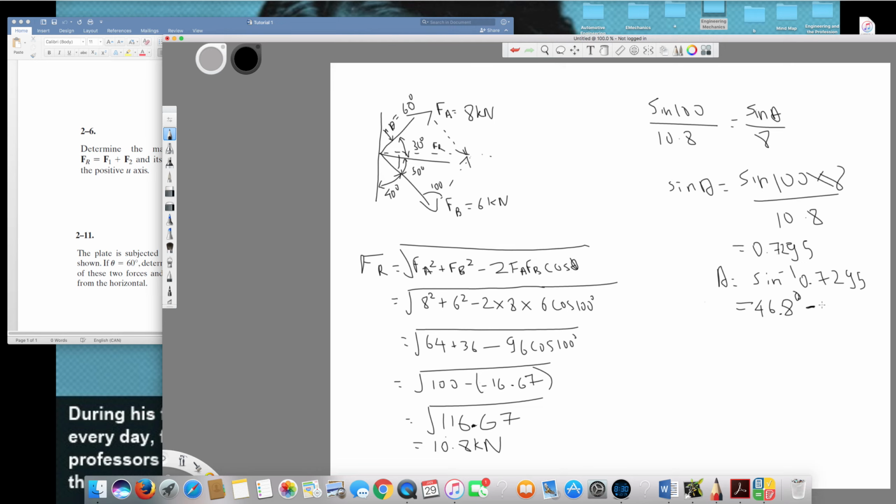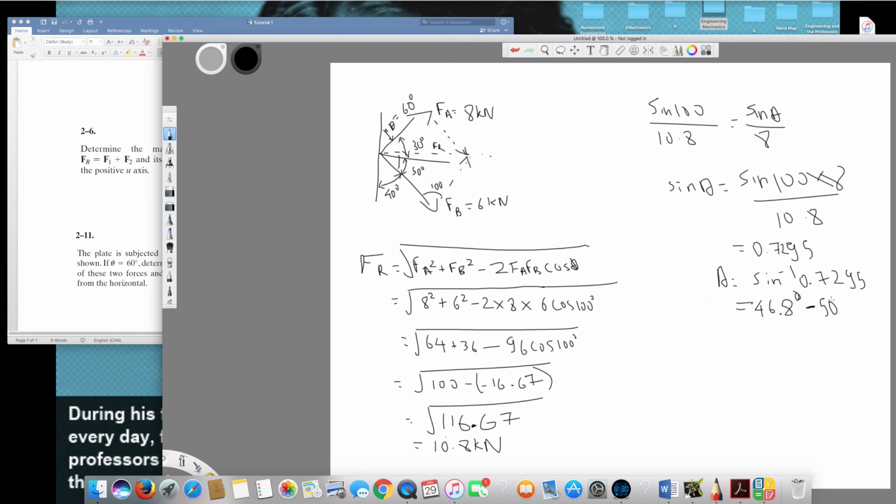So clockwise from the horizontal, we have to find the angle that only makes this resultant and the horizontal line. So in order to do that we have to deduct the 50 degrees.